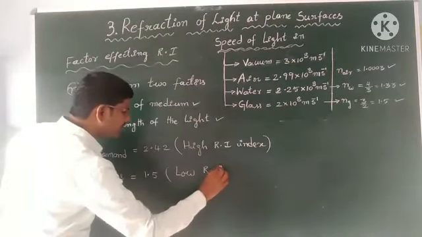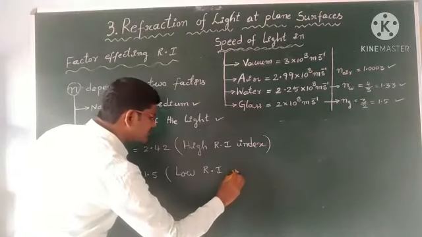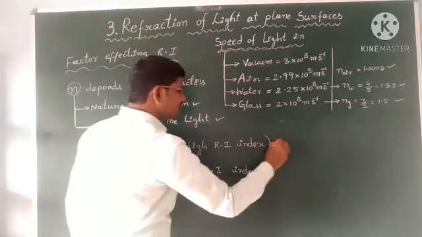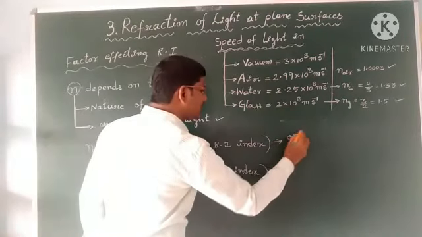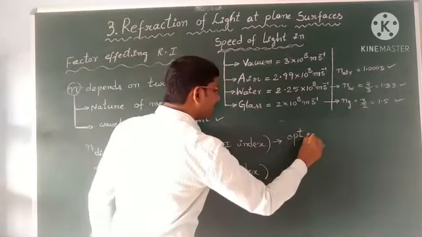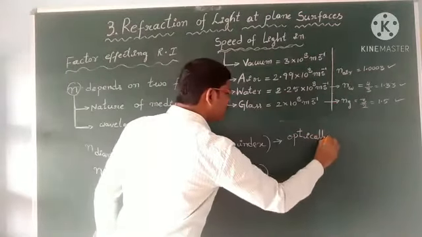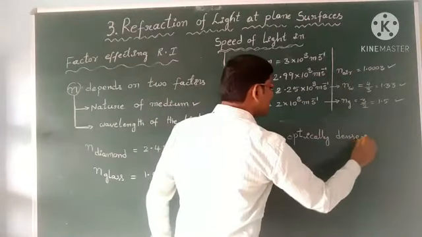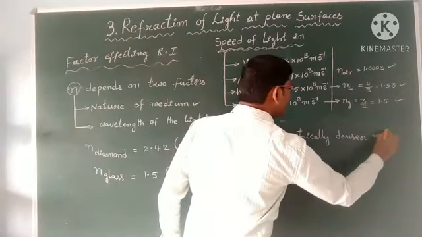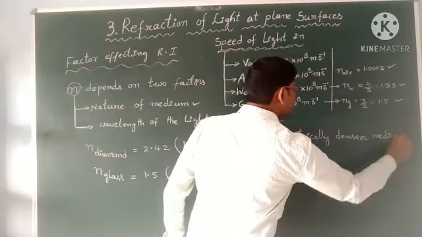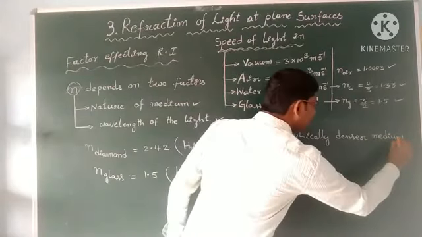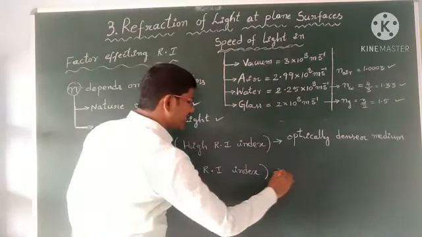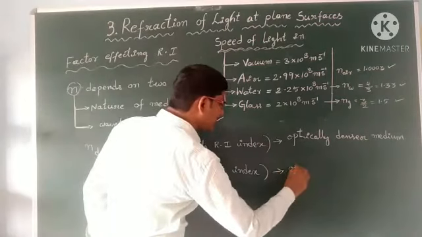So if I compare these two media, this has a high refractive index and this has a low refractive index. Then it is said to be an optically denser medium, and the other is said to be an optically rarer medium.